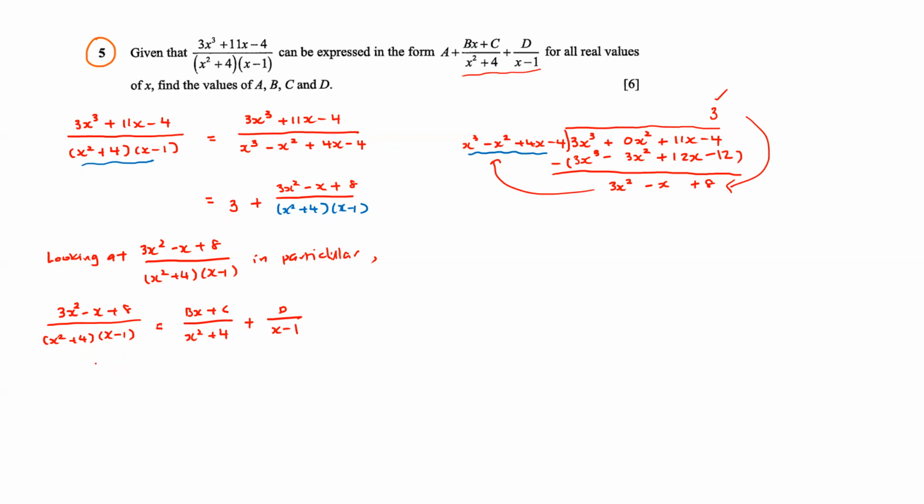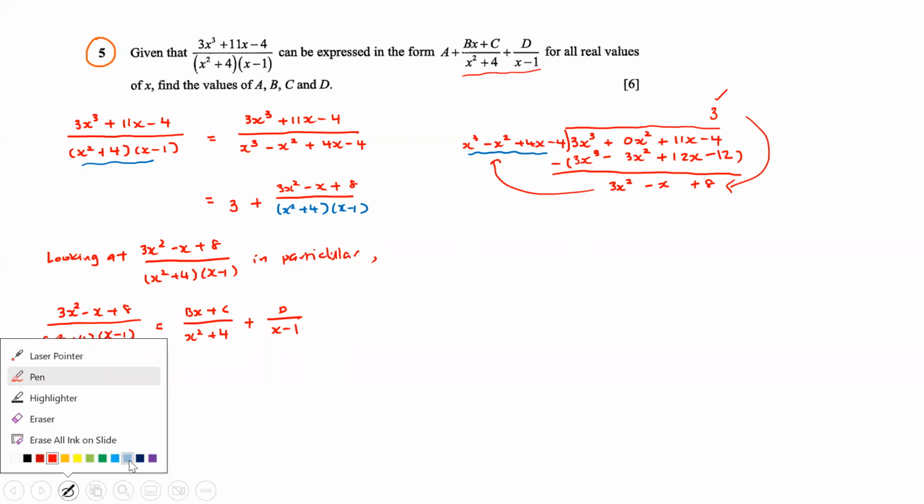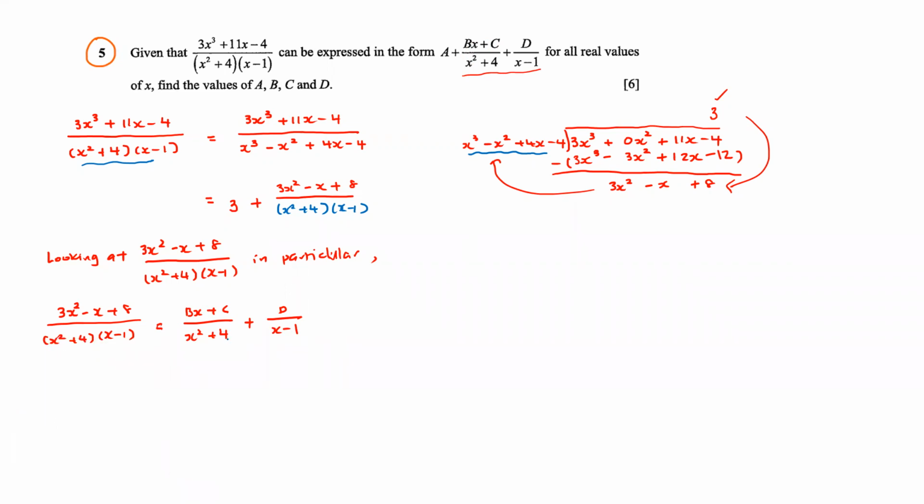Now from here, I need to make sure that the denominators are all the same across from left to right. So this means that my first term on the right hand side, top and bottom needs to be multiplied by x minus 1. Okay, and for the second term, I need to multiply top and bottom by x squared plus 4. So it will end up something like that.